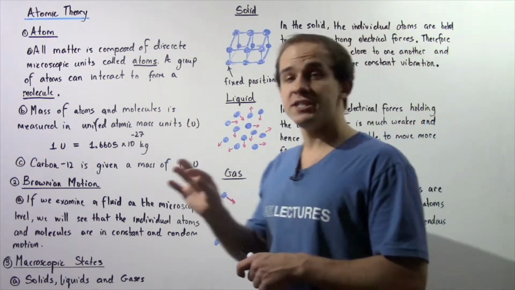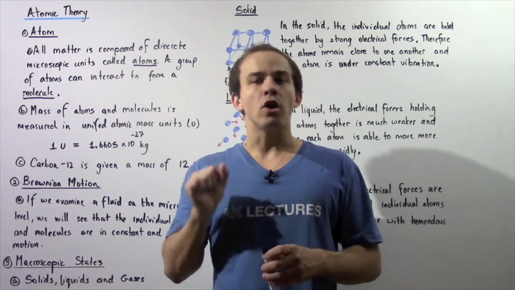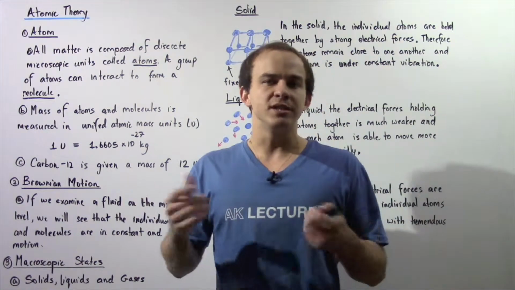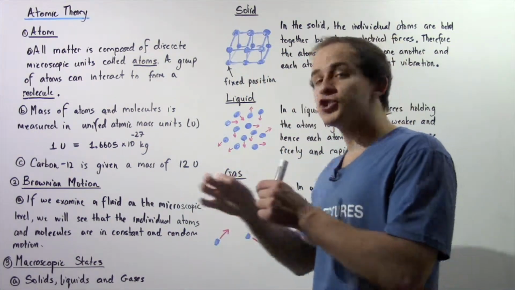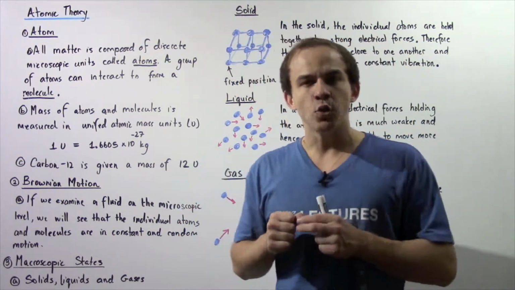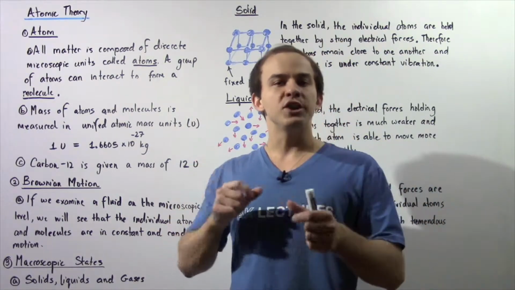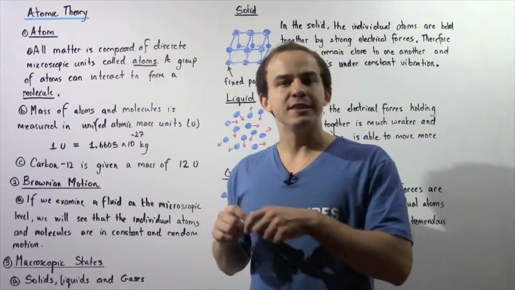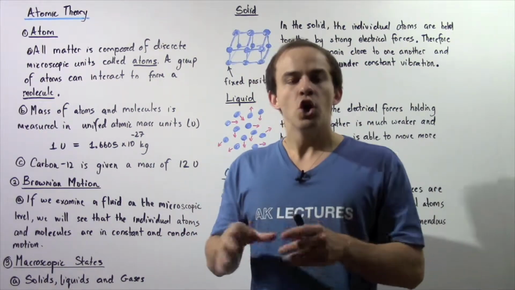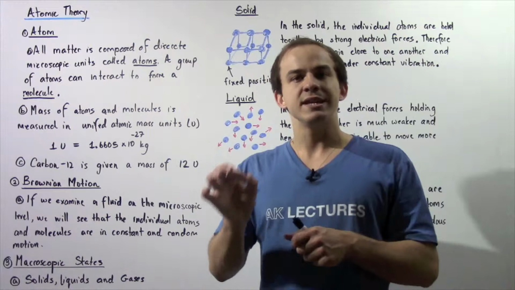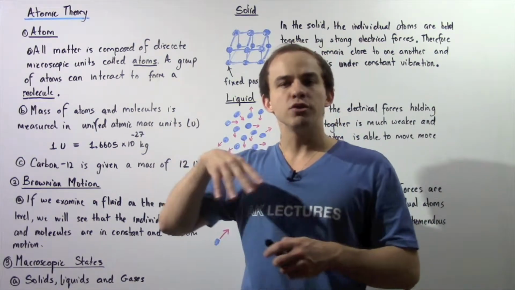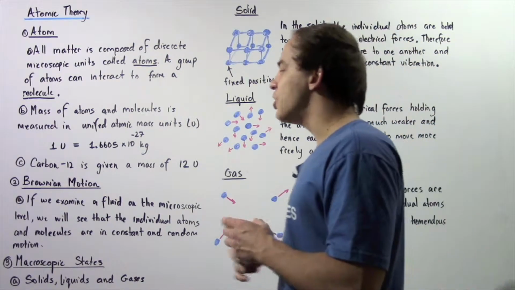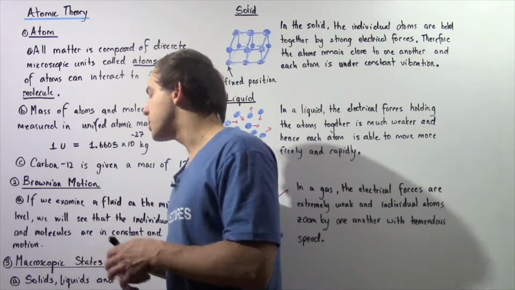For example, if we take a small single particle of pollen and place it onto the surface of a fluid, let's say a liquid, we'll see that the surface molecules of that fluid will be moving and vibrating really quickly, and that motion of those molecules will cause the single pollen particle to also move in an arbitrary path, and this motion is commonly known as Brownian motion.